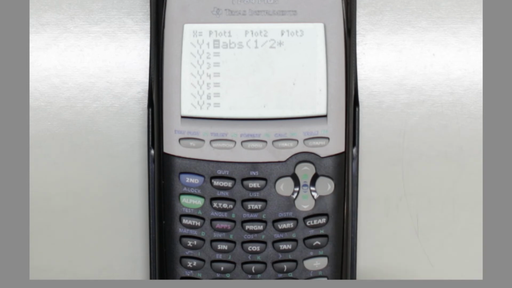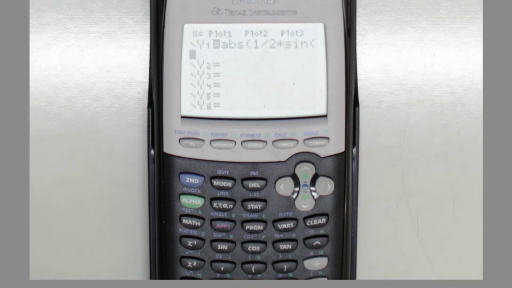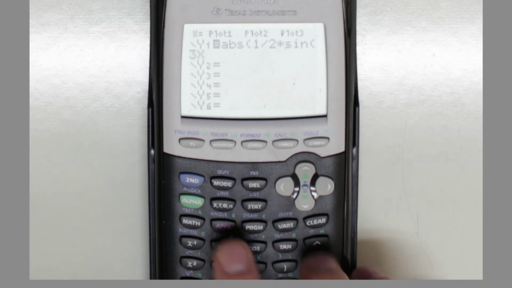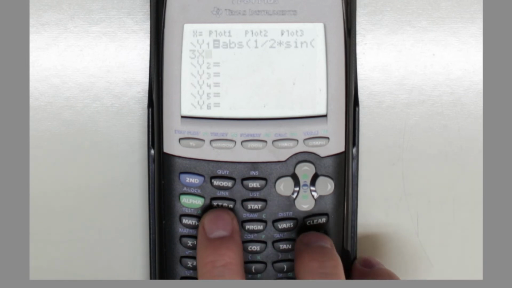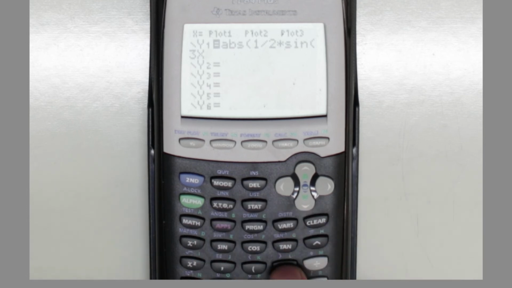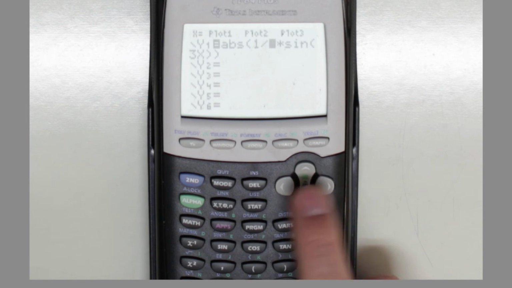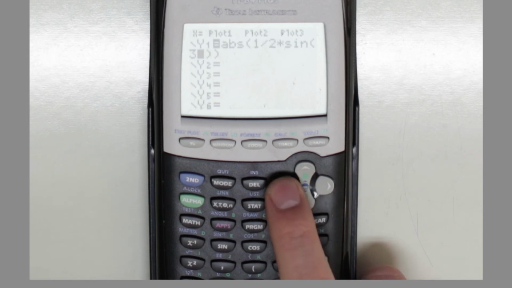Either way is probably okay. Sine of, in this case, it's going to be 3x. The x, the variable, is that little button right there. You can see the x, the t, the theta. In case you were wondering, that's a theta. And the n. Close it off. So there's 2 brackets. There's a bracket right there for the absolute value, and then the other bracket which closes the 3x.